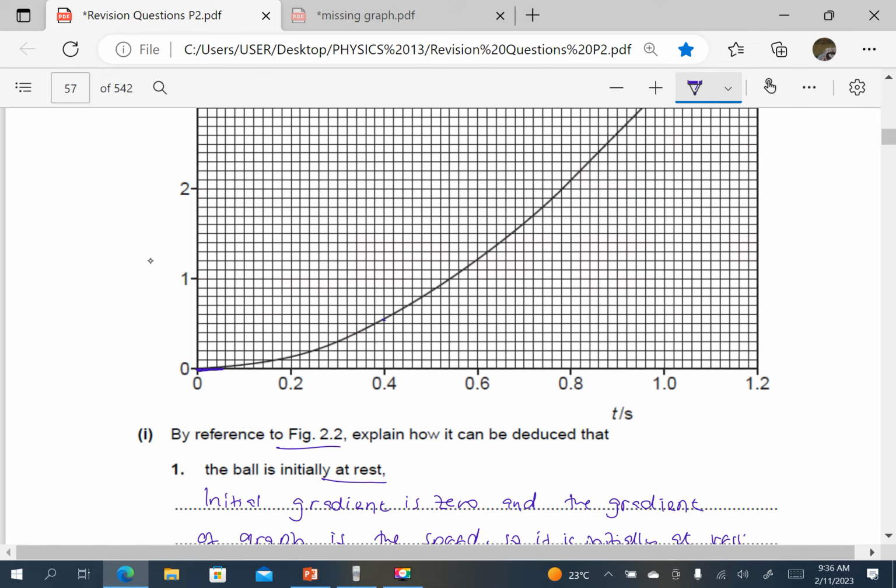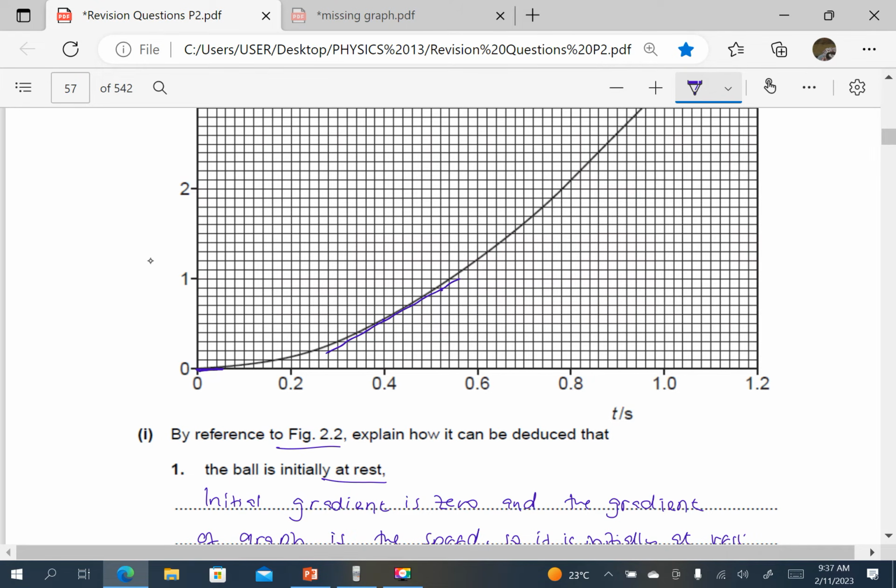So I'm putting there my ruler to draw a tangent. So I've tried to draw a tangent.